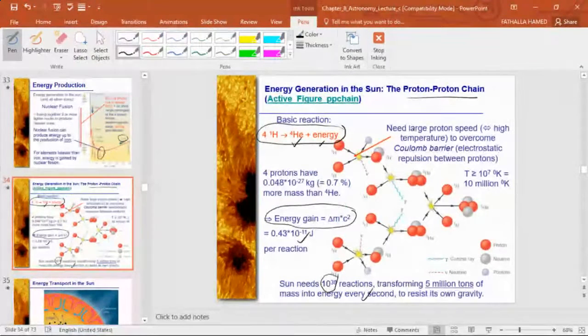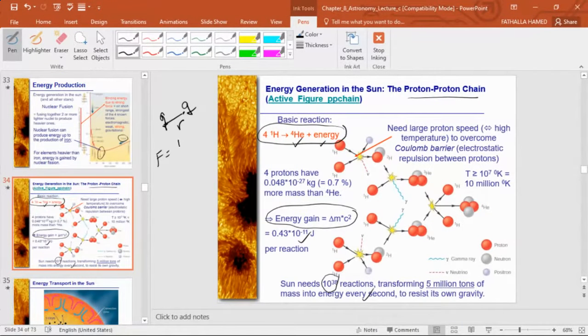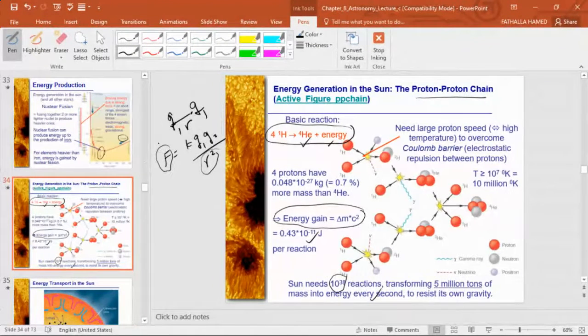Now, Coulomb said that if you have 2 charges separated by distance r, the force between them is Q1 Q2, let's call them 1 and 2, over r squared. So you can see as r becomes small, the force becomes very high.